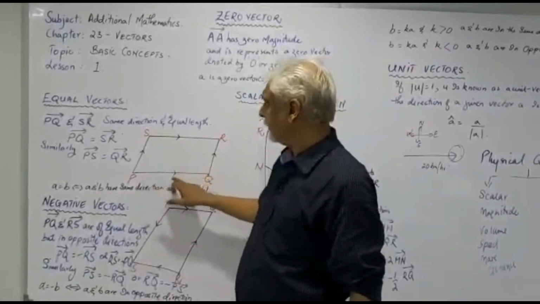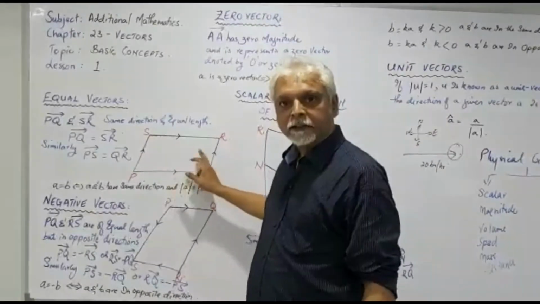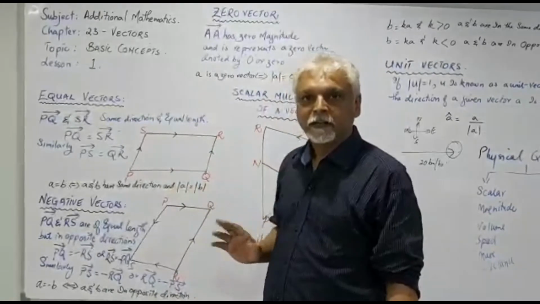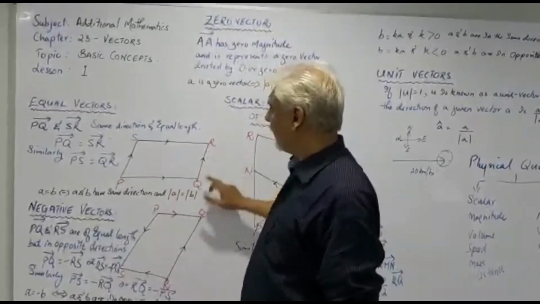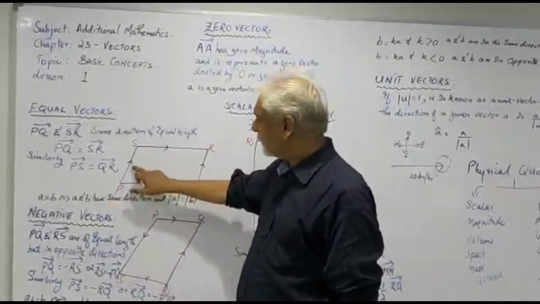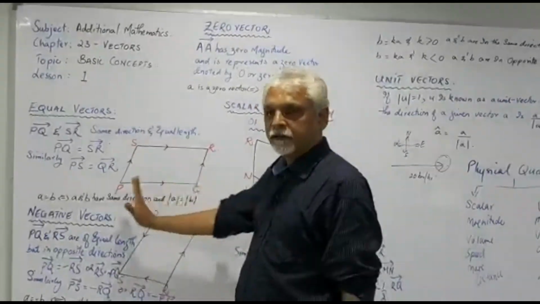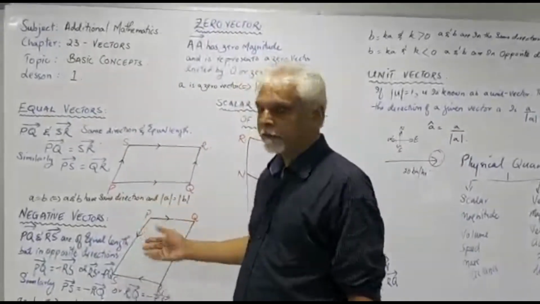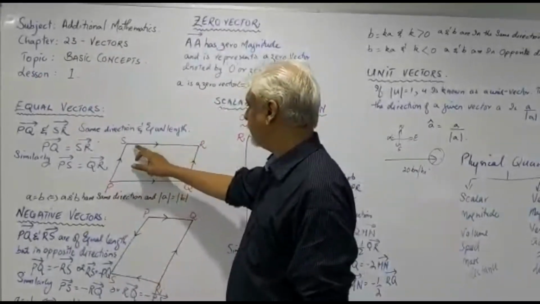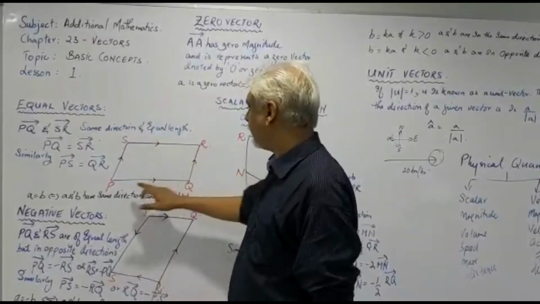Here I've indicated the arrowhead, so that means it is indicating a particular direction. For example, PS and QR have the same direction. You can see the arrows pointing, let's say this is a slant, so it's between north and east, northeast you could say. And this is pointing towards east, that is SR and PQ.